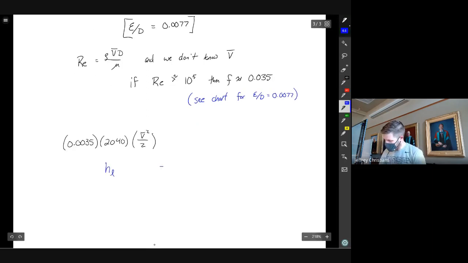That's our major losses. We would add to that our minor losses, 0.5 v squared over 2.